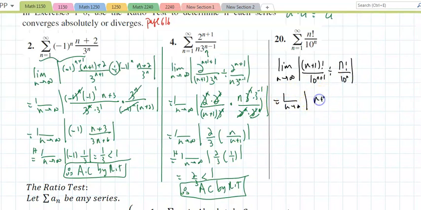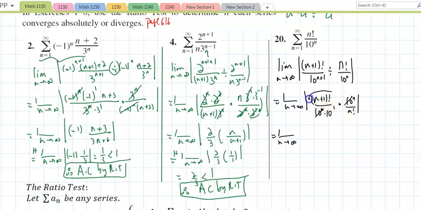Now, n plus 1 factorial, 10 to the n times 10 to the 1, multiplied by 10 to the n over n factorial. Those cancel out. And which is bigger, n plus 1 or n?